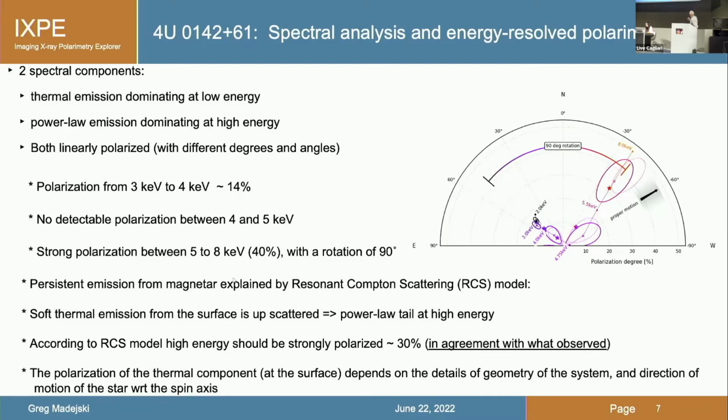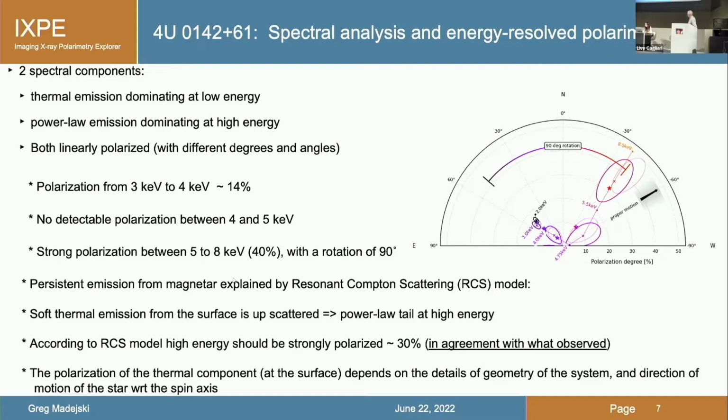Let me just tell you that this plot illustrates the way we are actually showing the polarization level. The angle is an azimuthal angle, and the distance from the center of this semicircle is the level of polarization. And again, you can see that between 3 and 4 keV, the polarization angle is in one direction, and above about 5 keV, it's in a different direction.